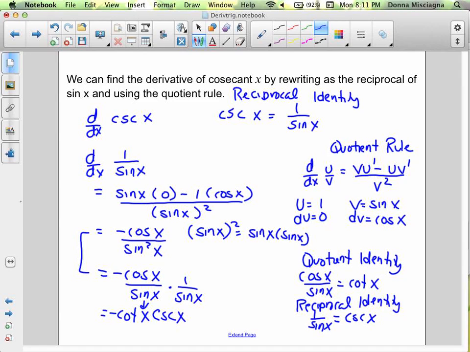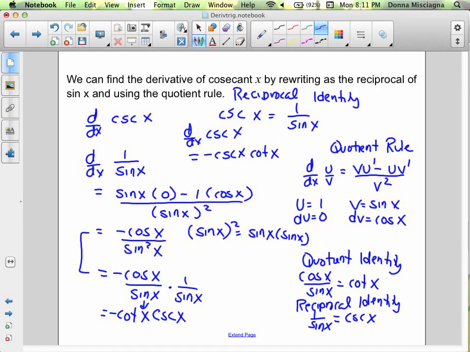Sometimes, by the way, because multiplication is commutative, in other words, it doesn't matter the order you multiply in, sometimes that ordering is switched, and the derivative of cosecant x is written as negative cosecant x times cotangent x.